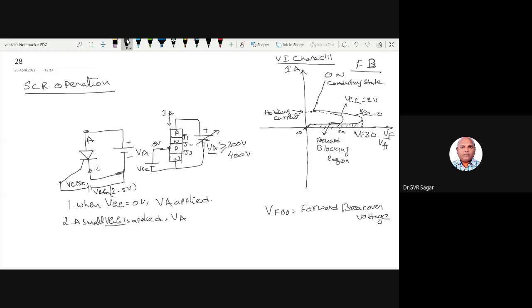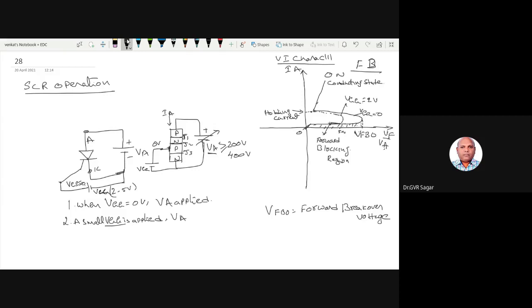The minimum forward current when the SCR is on is called the holding current. The maximum forward voltage applied to get the breakover region is called the breakover voltage. These definitions are very important because they may be asked in the examination for 2 marks or 1 mark. Right. Next, coming to the reverse bias.